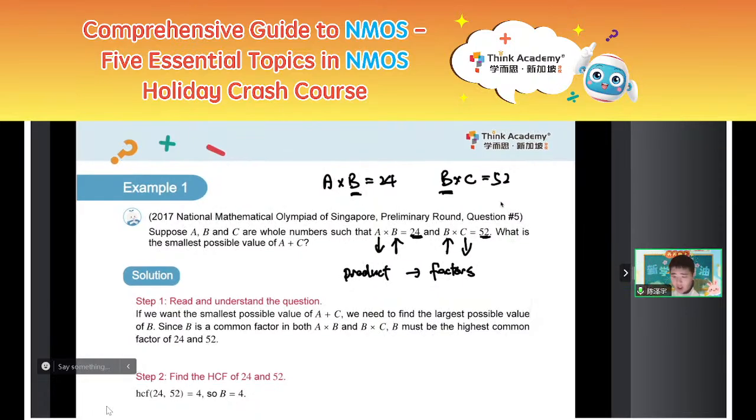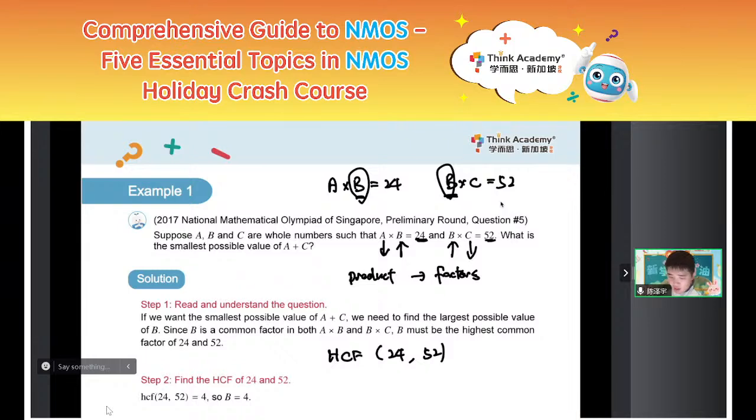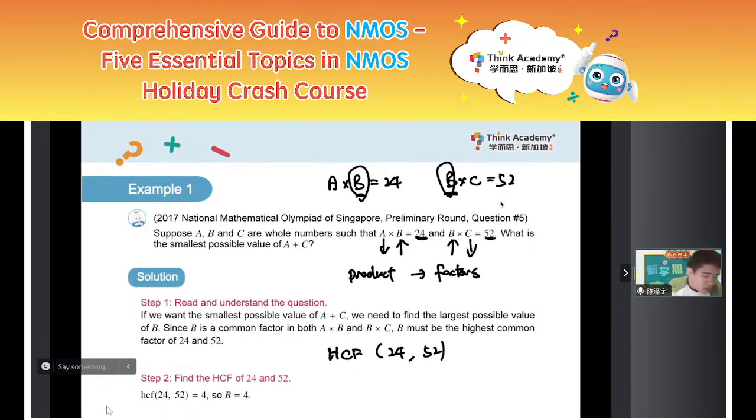Here, we can think about the fact that they have a common factor of B. So why don't we just find the HCF of these two numbers, 24 and 52? What is the HCF of 24 and 52? If you use the ladder method, or if you are very familiar with prime factorization and the times table, it is just 4.